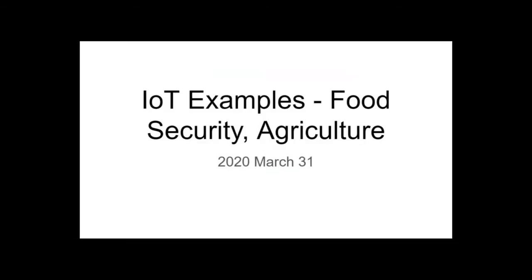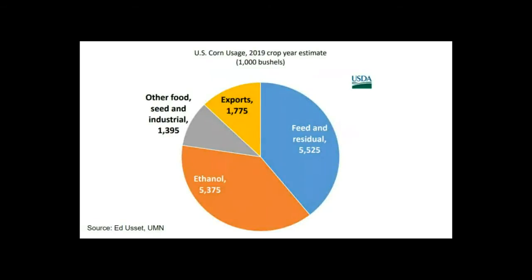So the first thing I think we should talk about, because the world is changing, we need to be responsive and understand what's going on in the world and how this all fits into reality. One really interesting presentation was from Ed Ussett, who is a grain expert at the University of Minnesota, and he was so kind as to come and give a presentation about U.S. grain usage.